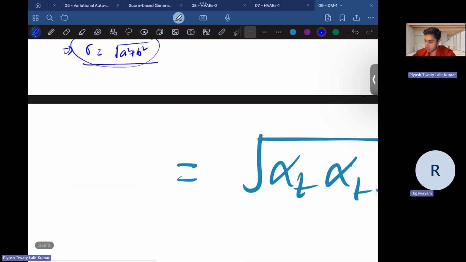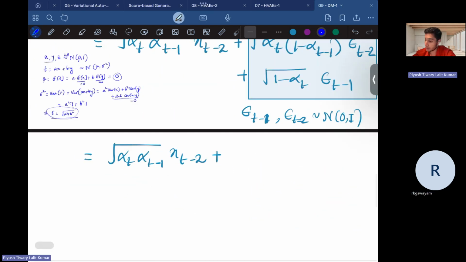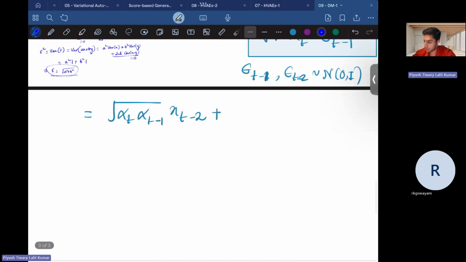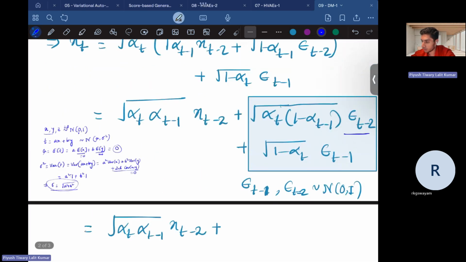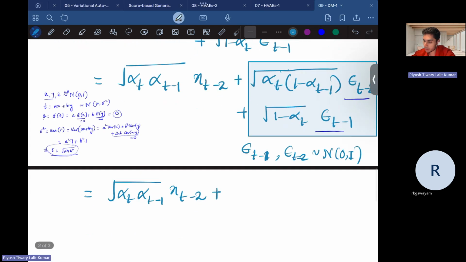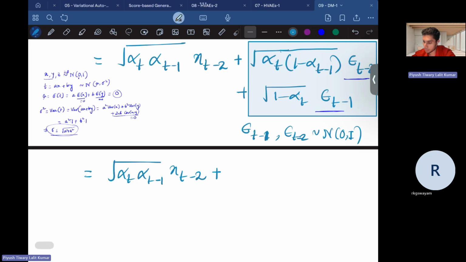Yes. So here we have a similar situation. You have two Gaussian random variables that are IID, and you have a linear combination of them, and you want to write them in terms of a single one.